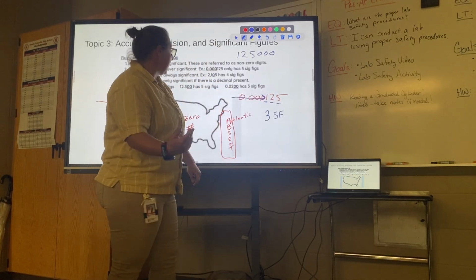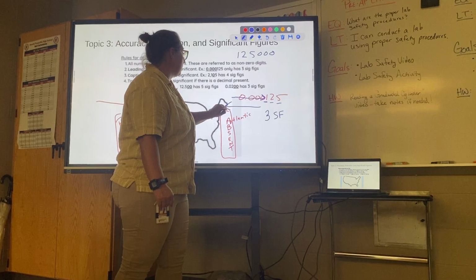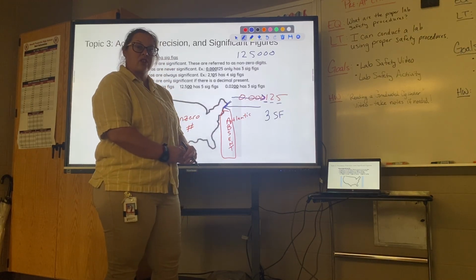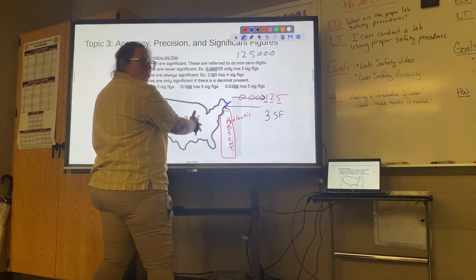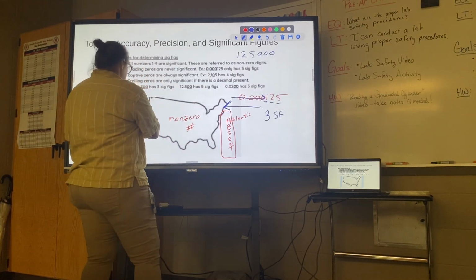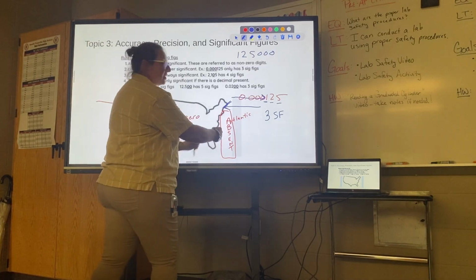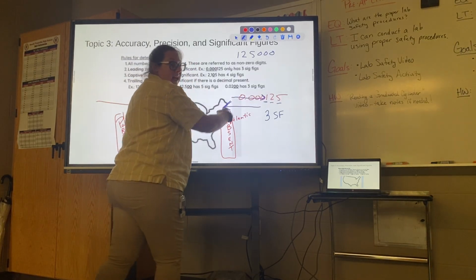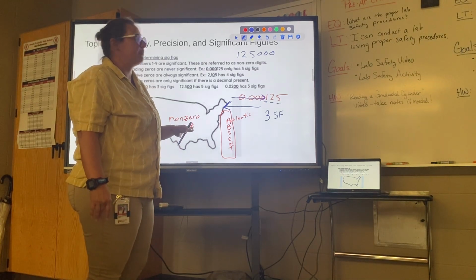So my game plan is to enter into the non-zero number in this direction. Do you see why it's important for us to know the geography? Here are our non-zero numbers. If a decimal is present, we enter this way. If a decimal is absent, we enter this way. I promise this is an easy trick that's a lot better than memorizing all of those rules.